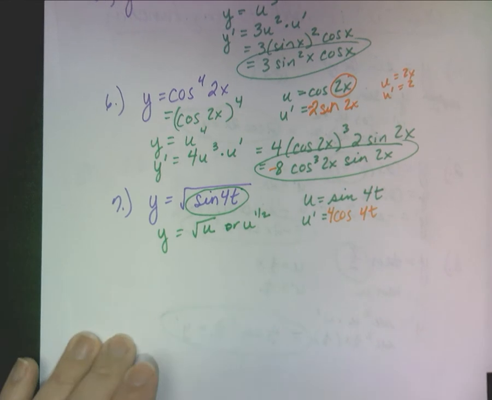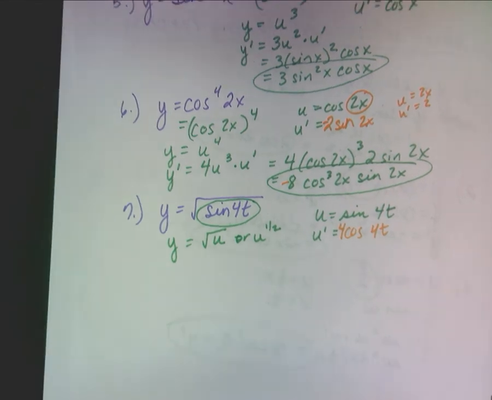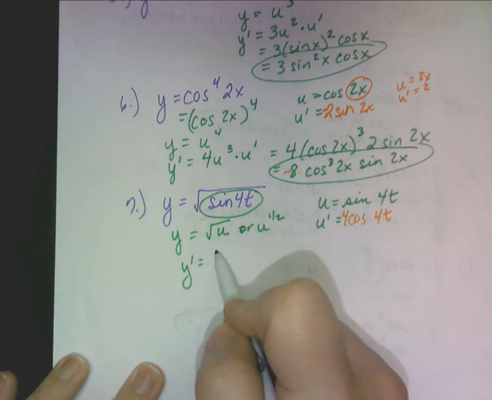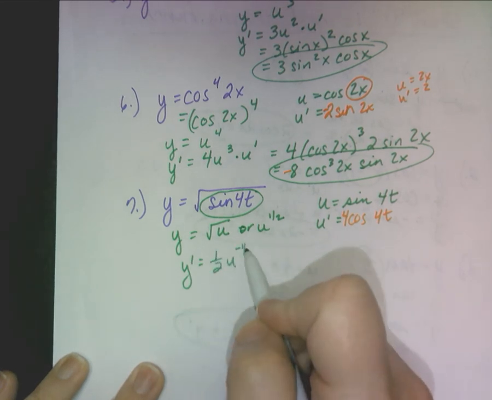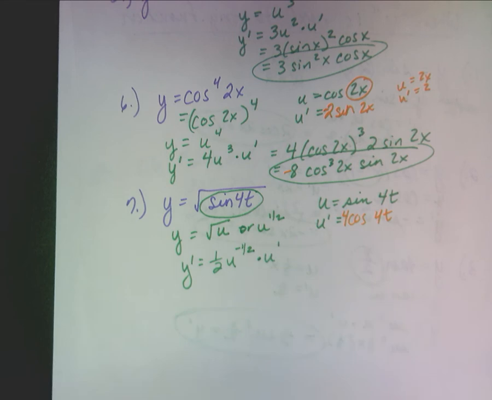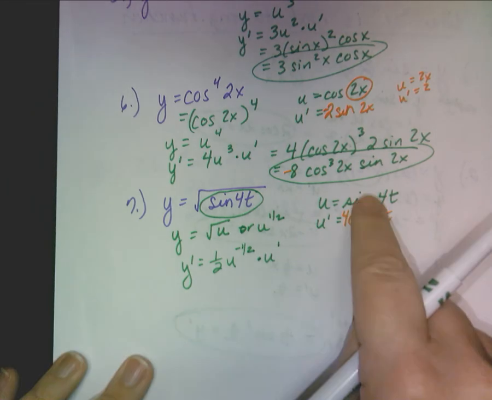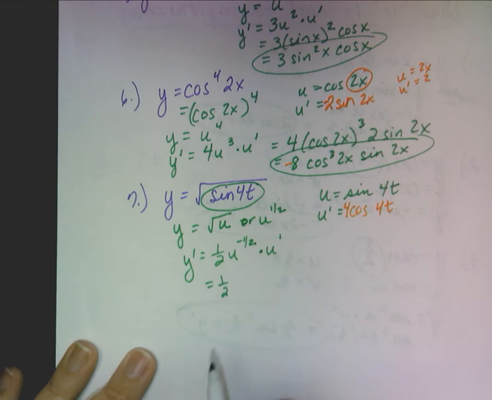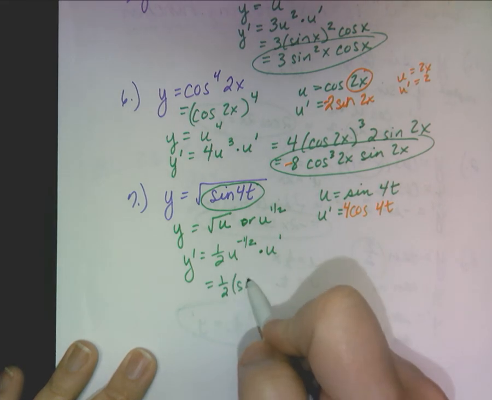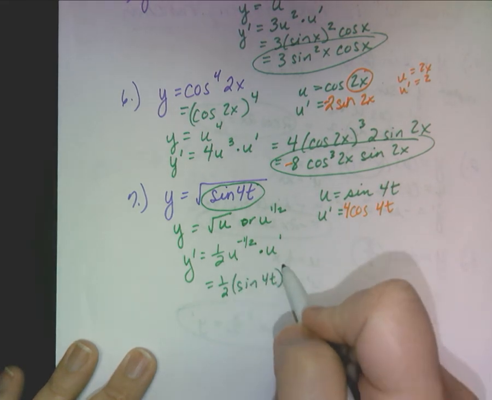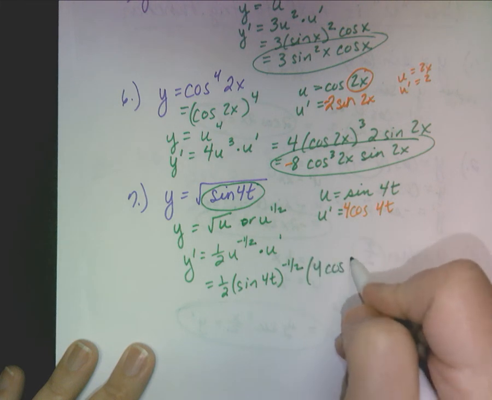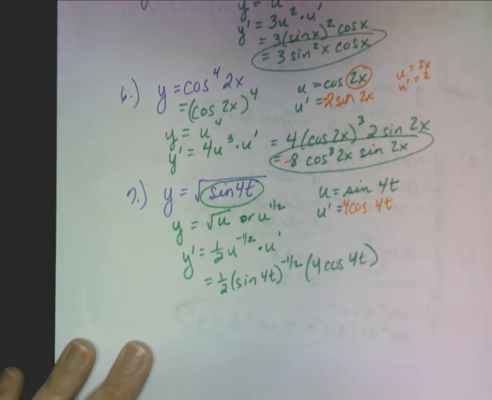All right, now take the derivative of just your u. That would be 1/2 u to the negative 1/2 times the chain. And now replace. 1/2 sine of 4t to the negative 1/2 times 4 cosine 4t.